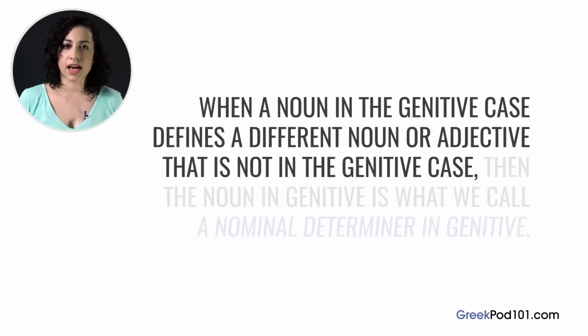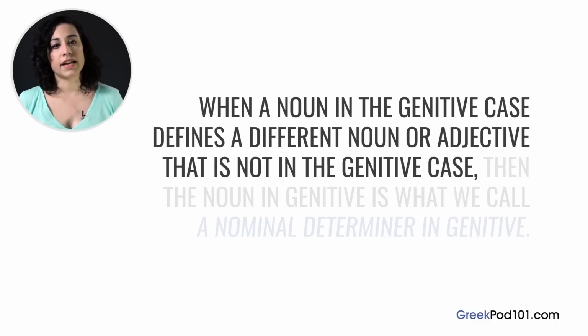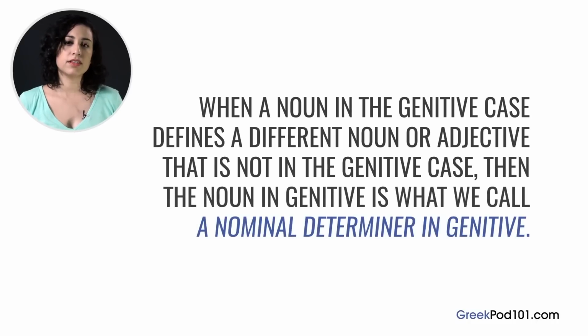Following up, the genitive case can be a nominal or an adverbial determiner. When a noun in the genitive case defines a different noun or an adjective that is not in the genitive case, then the noun in genitive is what we call a nominal determiner in genitive.